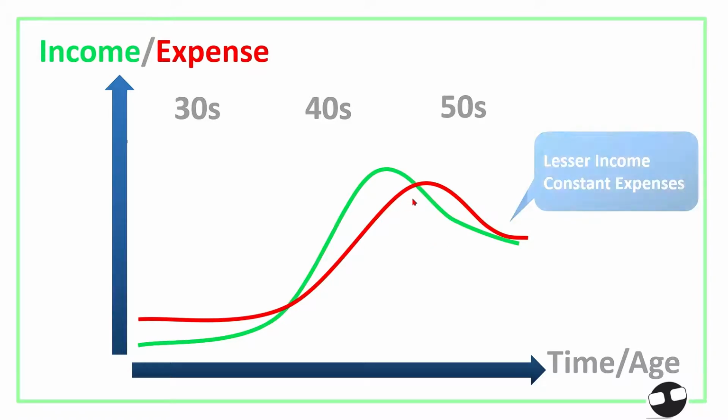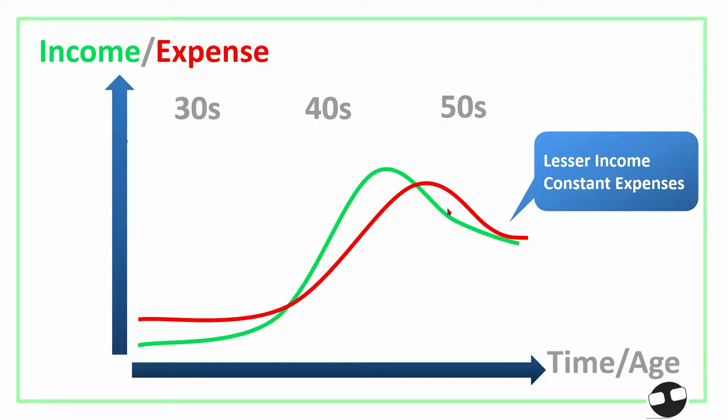Okay? So this time, we are nearing to our, let's say, retirement age. Nagkakaroon tayo ng very much consistent expenses kasi nga meron na tayong maintenance, meron tayong specific lifestyle, and then yung income naman natin is starting to decline.